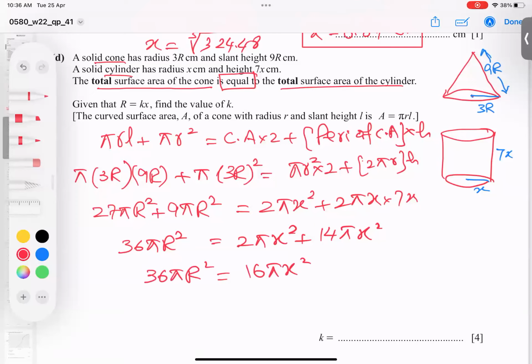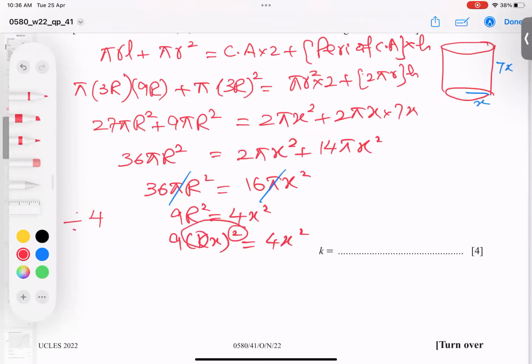I think it's very visible. Pi and pi will cancel out. I can divide by 4. 4 fours are 16, 4 nines are 36. So I'm getting 9r square equal to 4x square. But the question said find the k value if the r value is replaced by kx. So this r value I'm going to replace by kx, and the square of k and the square of x.